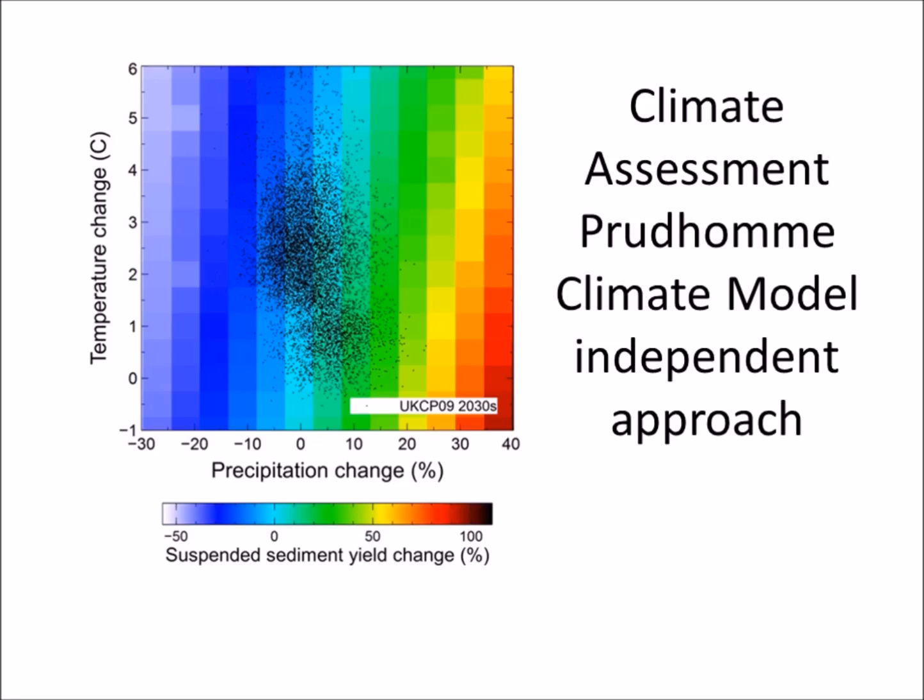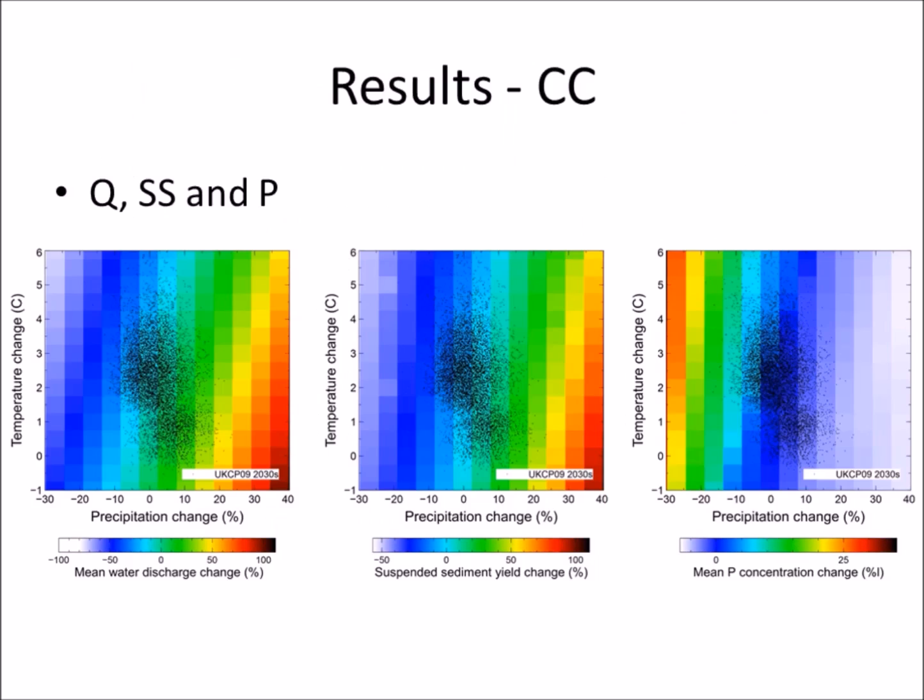Well, you'd expect the sediment yields to be in that kind of area. So a very interesting piece of analysis, I think, and we've repeated that for flows, for sediments, and for phosphorus.